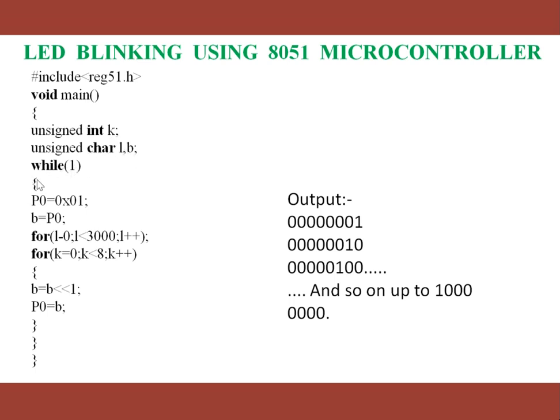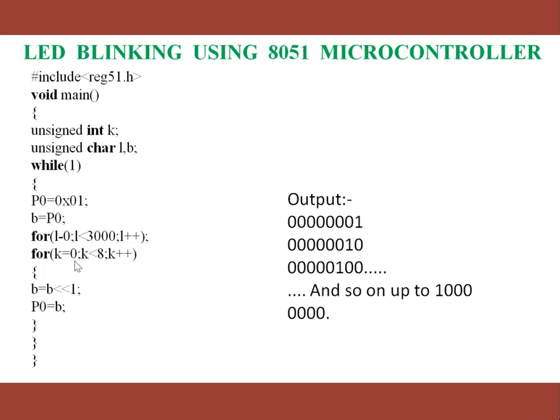While L, then the curly bracket starts, P0, port 0, that this particular pin P0 is equal to 0x01, it has one signal. B is equal to P0. The for loop starts: L equals 0, L less than 3000, L plus plus.